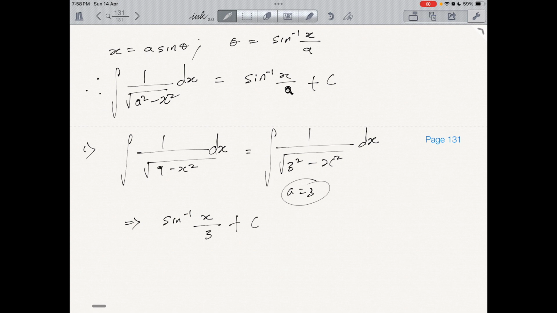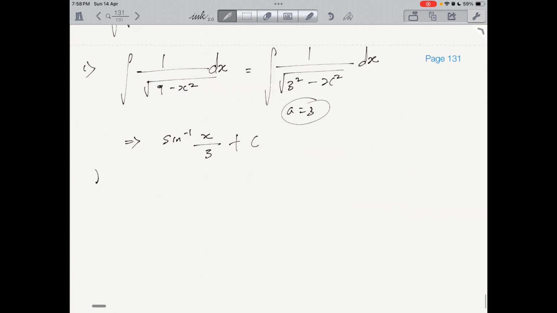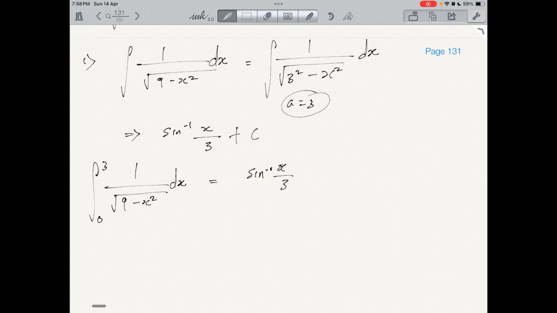Now what if we have an upper limit or lower limit in this case? So let's say from 0 to 3, 1 over square root of 9 minus x squared with respect to x. We know that after we integrate 1 over square root of 9 minus x squared, our answer is arc sine x over 3. And now, since we are dealing with a definite integral, there will be no need for the constant of integration c, but we'll have upper and lower limits of 3 and 0.